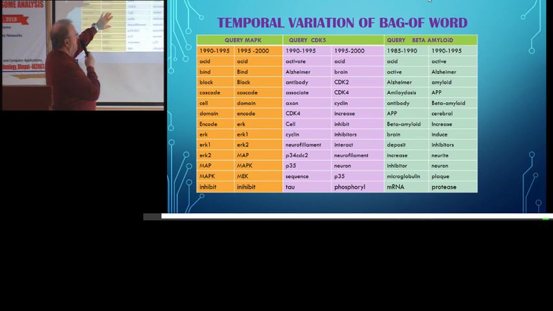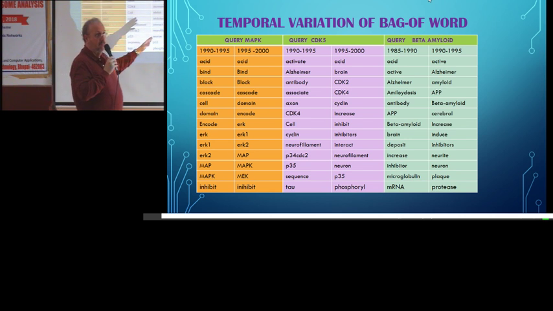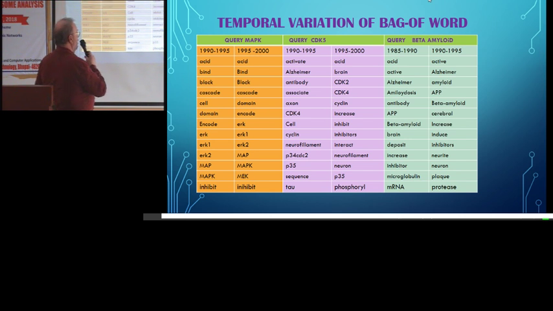These words were selected according to Shannon entropy instead of Zipf's law, but in any case it gives a good example of the change of knowledge over time. You can see three queries: MAP kinases, CDK5, and beta amyloid, because in this period we were working on Alzheimer's.